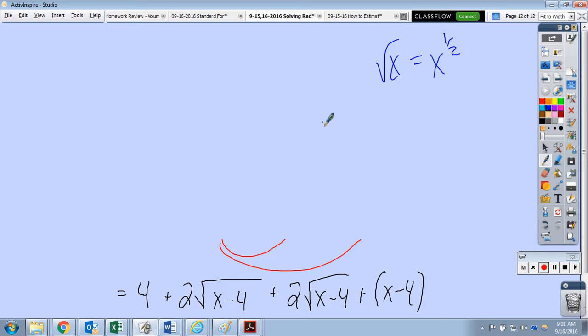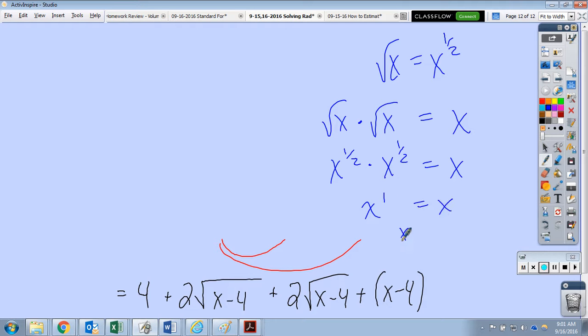That's why the square root of x times the square root of x is just equal to x, because this is x to the 1/2 times x to the 1/2, which we add the exponents, x to the first, so x equals x. So just a quick review as to why this works out, why the square root of x times the square root of x is just x. Good?